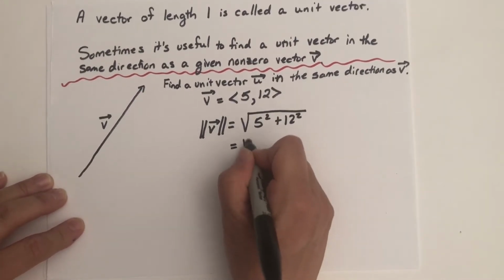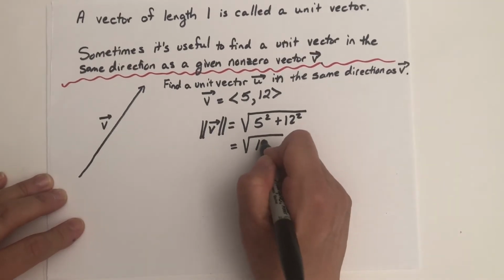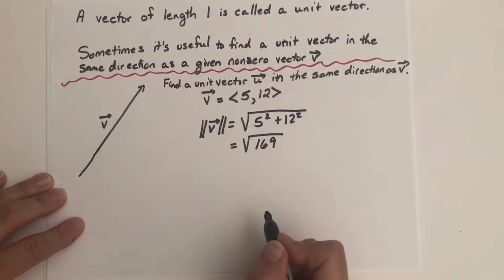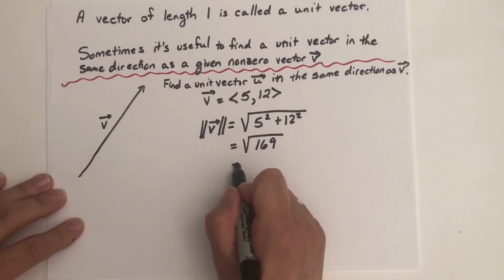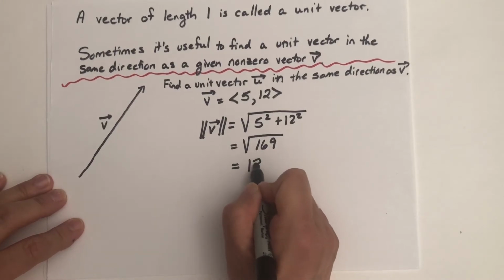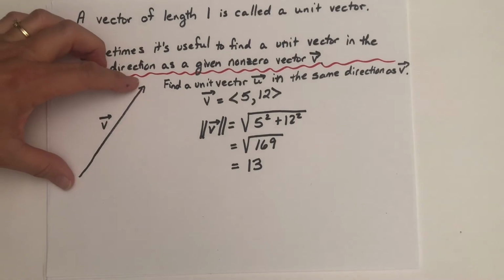And we have the square root of 25 plus 144 is 169. But 169 is a perfect square. It is 13 squared, so its square root is just 13. So this vector is of length 13.